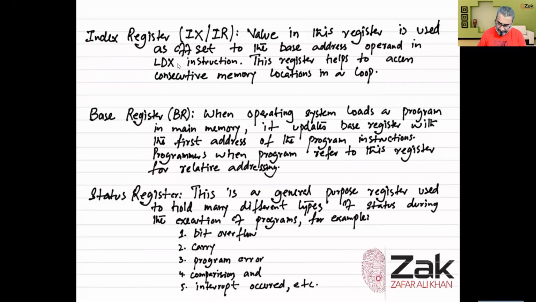V. So the overflow bit is called V, carry is C. This is the name of that particular bit. Then negative, I have not mentioned it here, but we have negative as well.